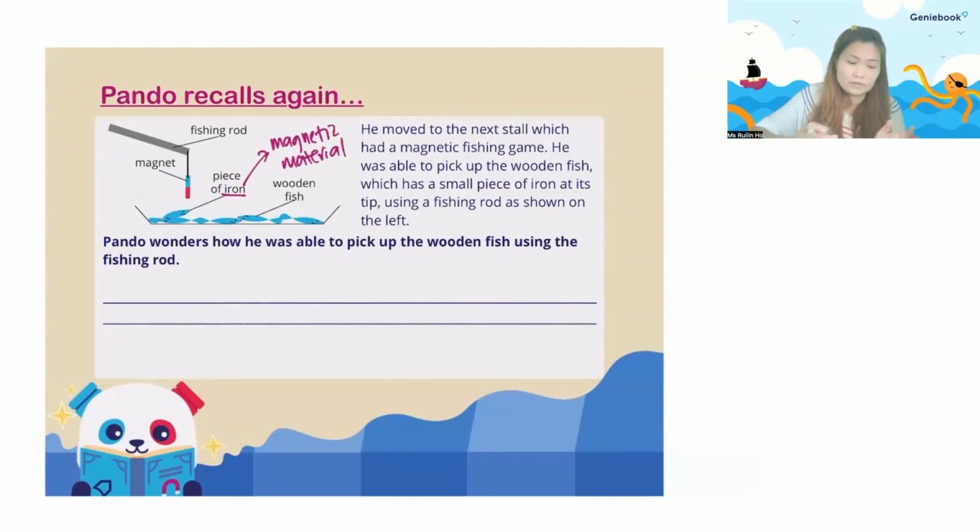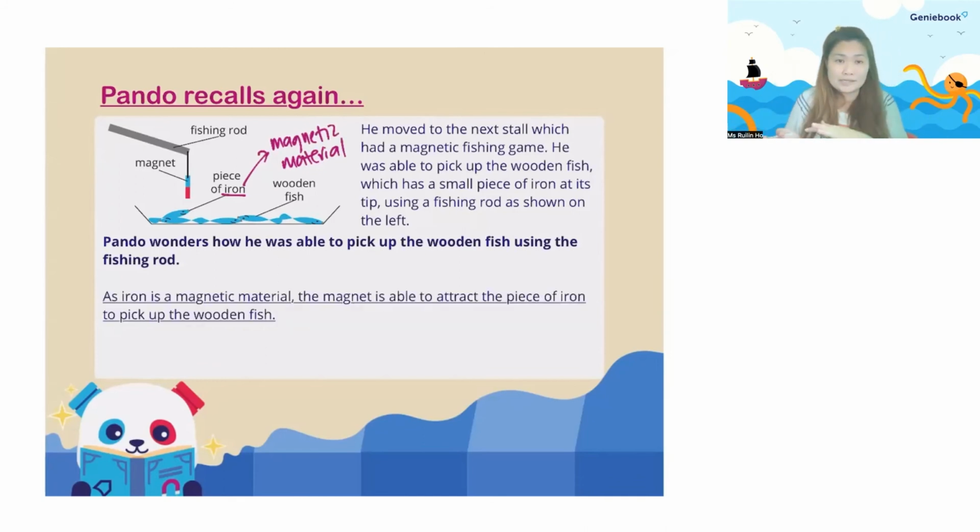So Panda wonders how he was able to pick up the wooden fish using the fishing rod. It has to do with iron being a magnetic material, and of course the magnet will be able to attract the iron piece. Okay, so how do we actually answer this question? We need to talk about the material itself, iron being the magnetic material.